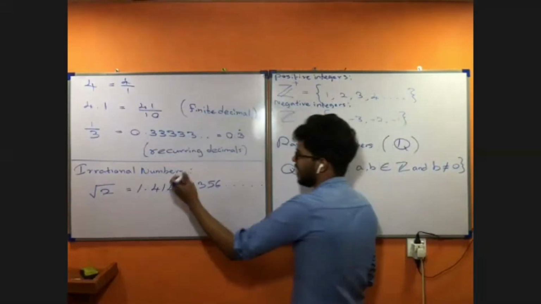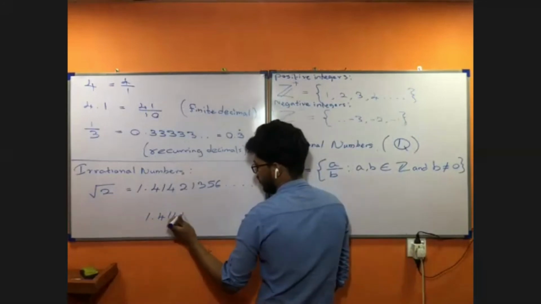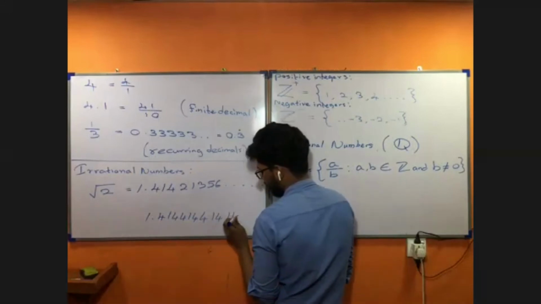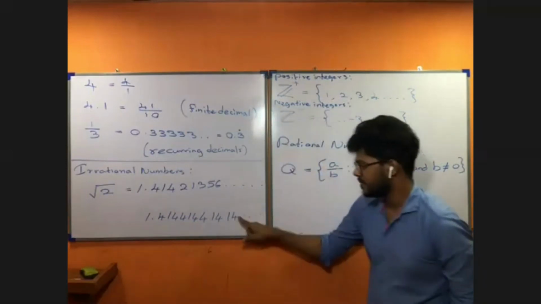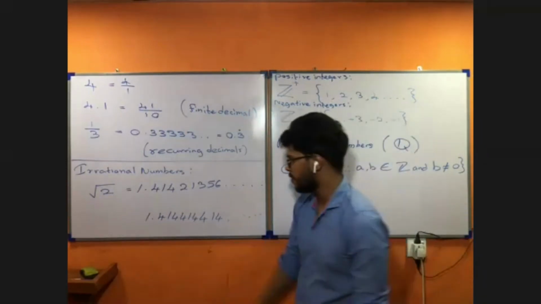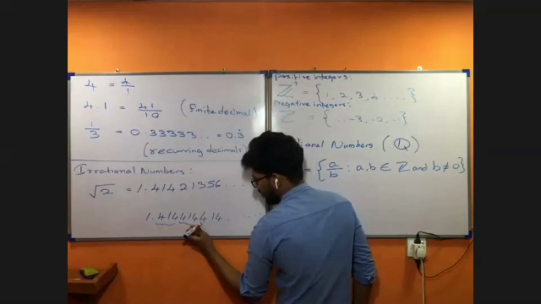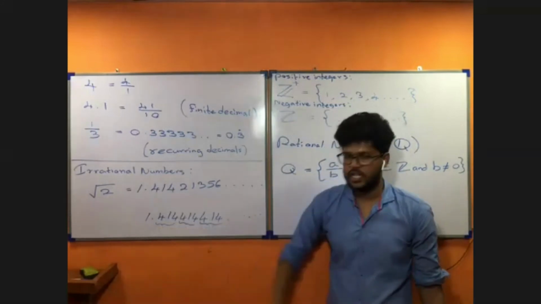If the answer was something like 414 414 414 414, you can see 414 is repeating. In that case, this is a rational number.